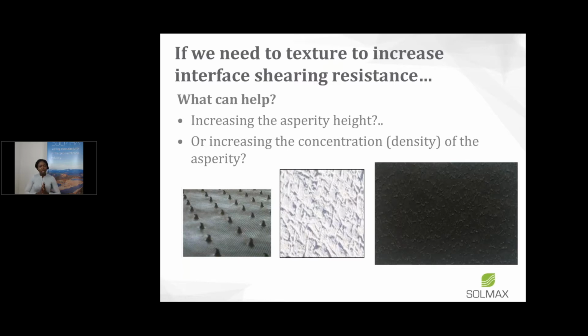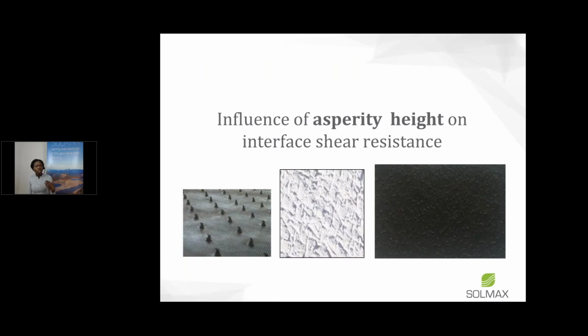What's going to help us? Should we find a material with the highest asperity in the world, increasing the asperity height? Or is increasing the concentration of the asperity going to help us, right? Those are the two aspects that I really want to look at in this webinar and share some findings and results to help us make that decision when we get to that point.